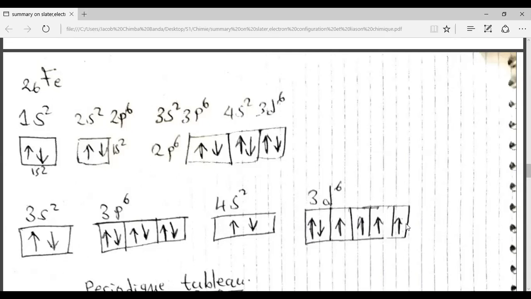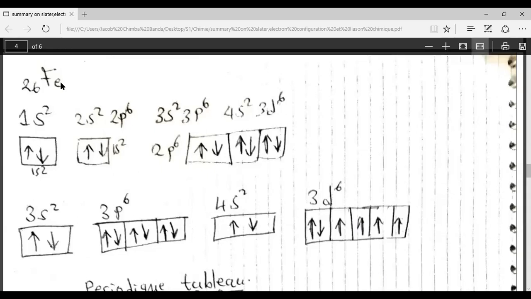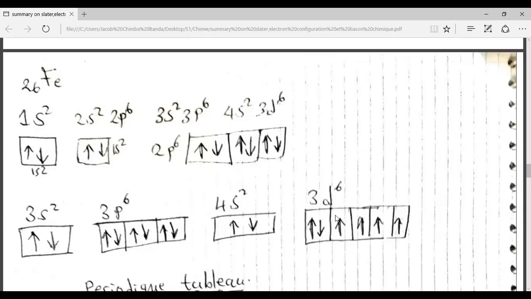So that's how you do it. According to this, there are 1, 2, 3, 4 single electrons. These will need 4 other electrons to be full, to be stable. So this atom is not stable in general. For it to be stable, there must be the up and the down, the up and the down. Now they are just up, up, up, so it's not stable.